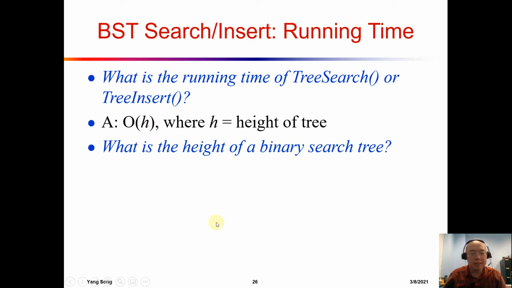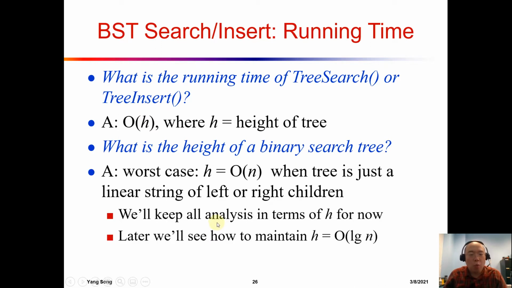And then the next question is, what is really the height of a binary tree? To answer this question, we want to consider the worst case. What's the worst case? The worst case is if we have a total of n nodes, and we put those n nodes into a tree, and this tree is really unbalanced, really skewed to one side.